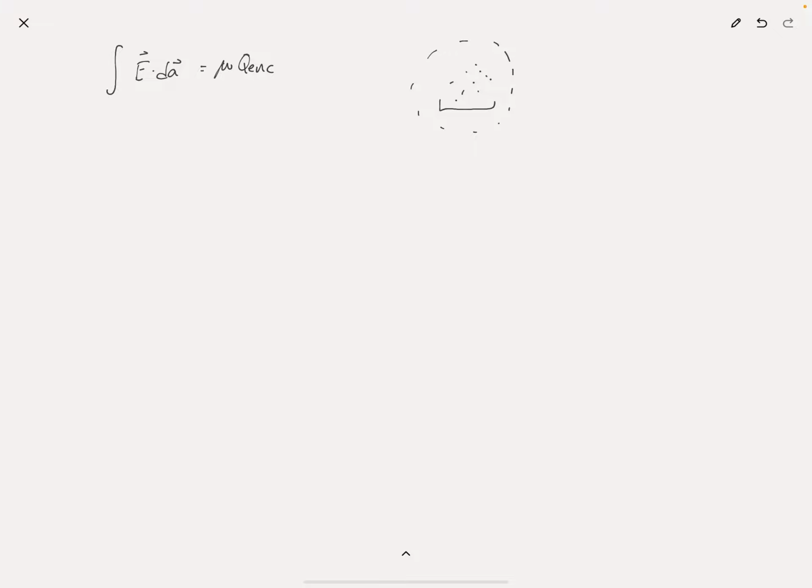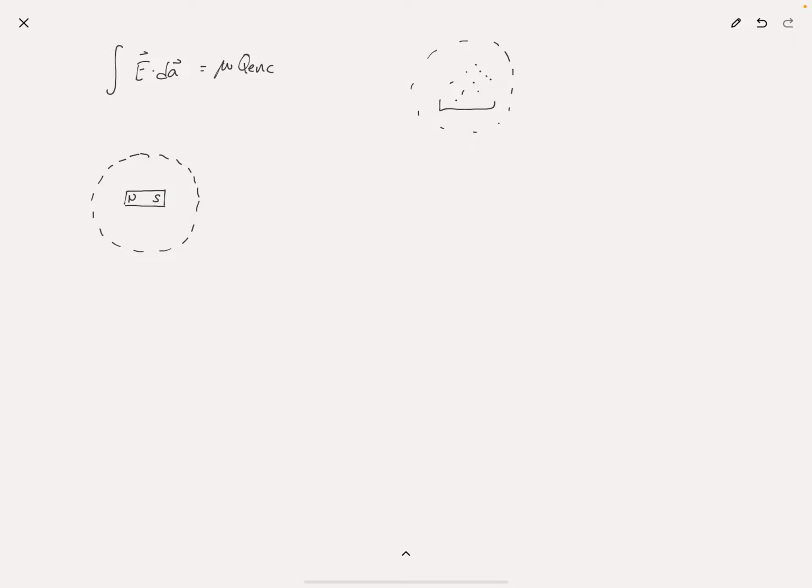I'm going to say, all right, here's my sphere. Here's my magnet. I have a north end and a south end of my magnet. How much total stuff is inside of that Gaussian sphere?